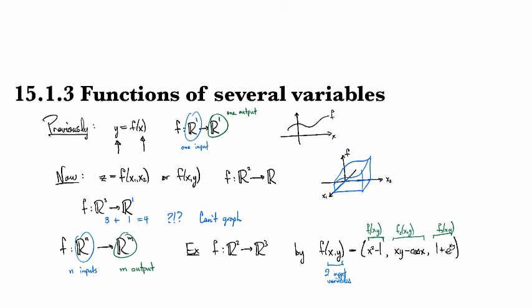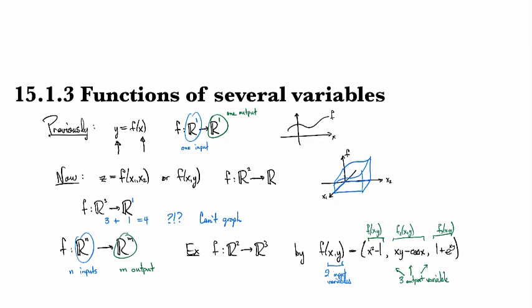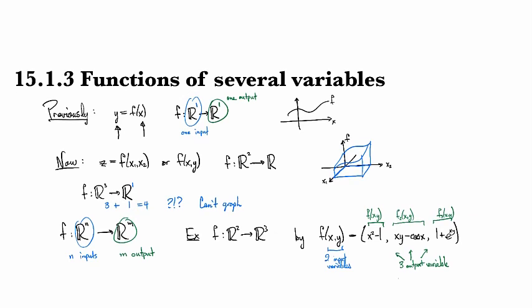And so there are 3 output variables. An output variable is sort of a goofy colloquial slang name. Really what they would be called is component functions. Sounds fancy. Component functions.